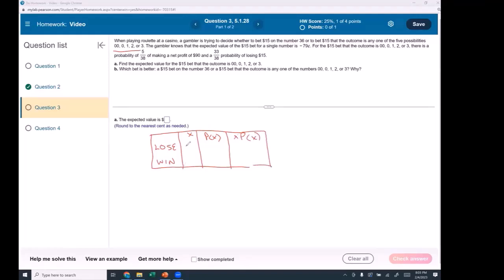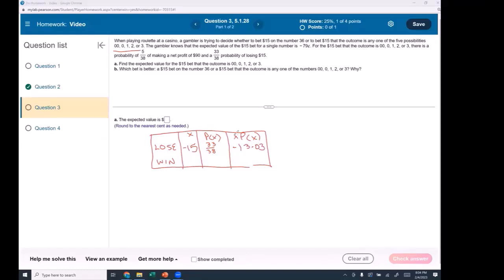If I lose, that means I lose $15. And what's the probability that I'm going to lose $15? I have 5 out of 38. It's not going to be one of those 5. It's going to be 33 out of 38. If it was any of the 5 numbers, then I would win. This is negative $13.03.